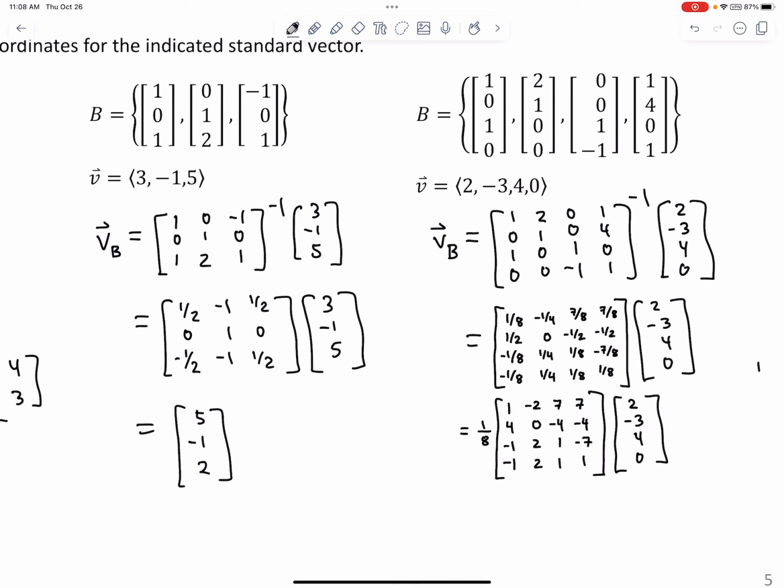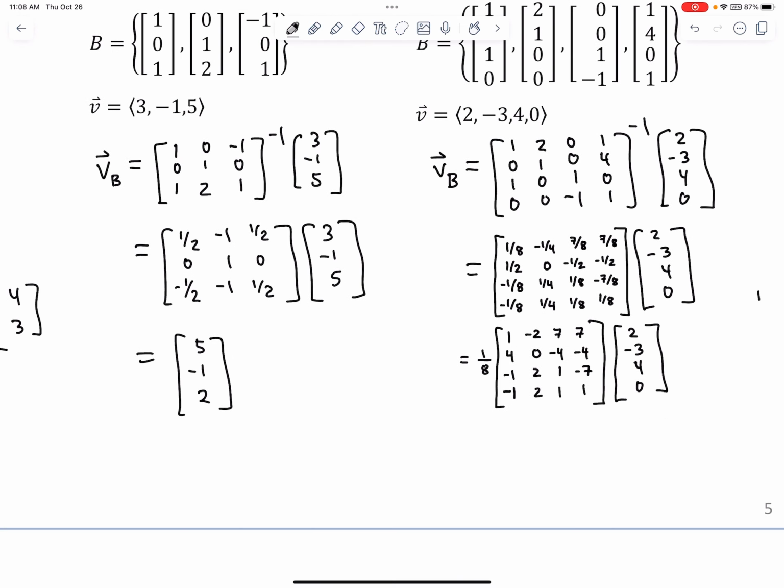So factoring out a 1/8 of that inverse matrix, we get a matrix of integers, and it's easier to multiply this matrix and this vector and then do 1/8 of our answer. So we'll have 1/8, and the result of this matrix vector multiplication is 36, -8, -4, -4.